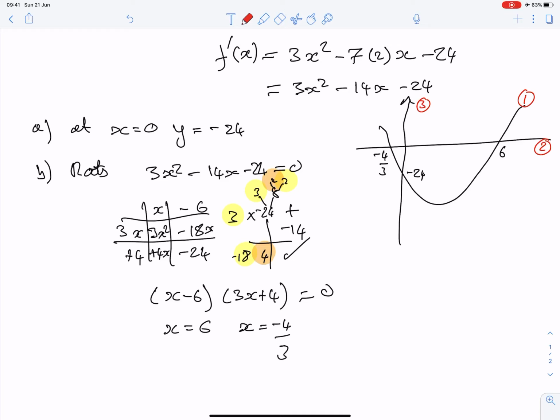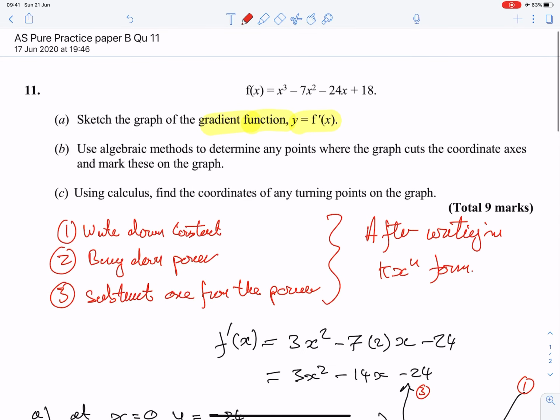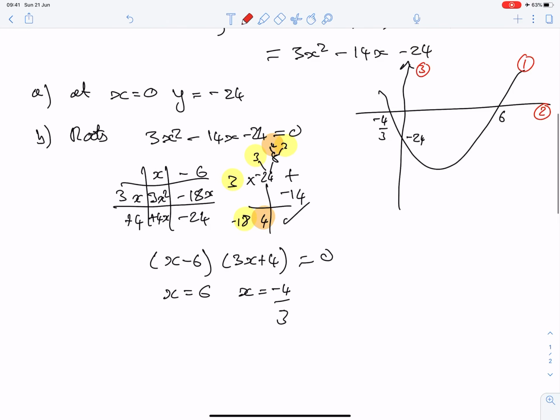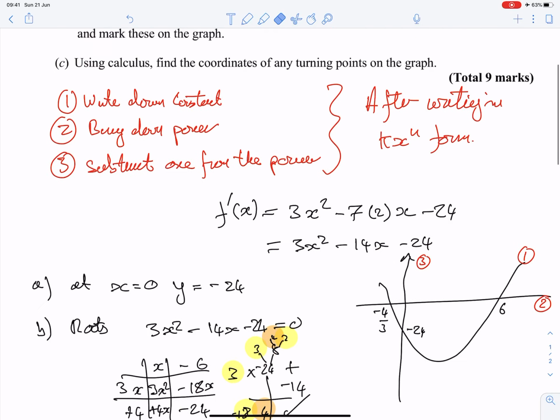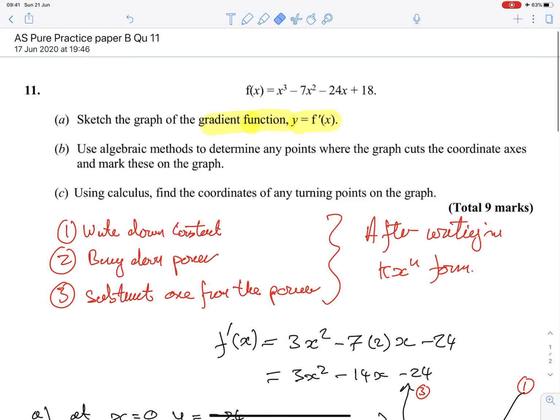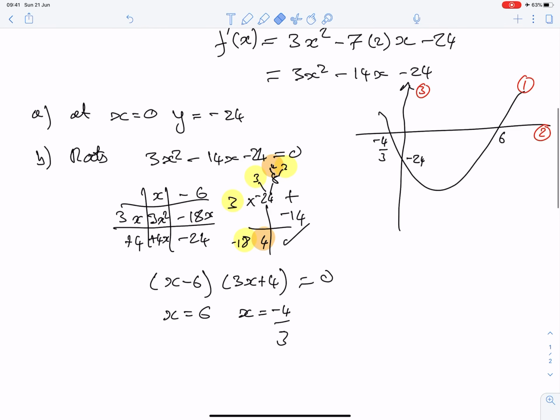Now lots of ways of doing that. Completing the square, I know it's half the distance between negative 4/3 and 6. I can use minus b over 2a. Lots of ways, but the way they've asked us to do it is using calculus. Find the coordinates of any turning point on the graph. So I've got to differentiate f dash of x to find when the gradient of that graph is 0.